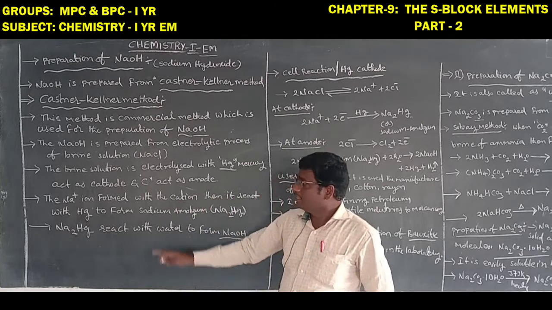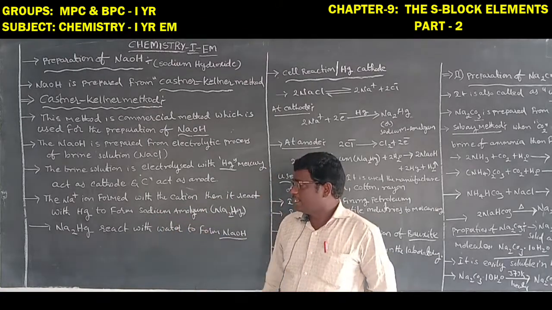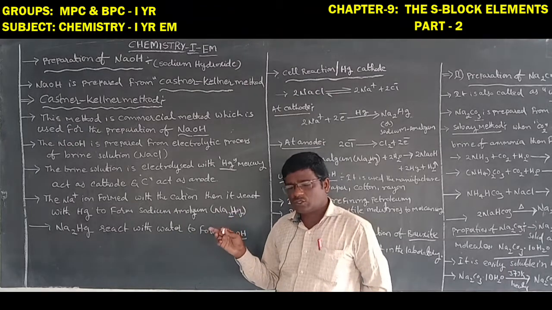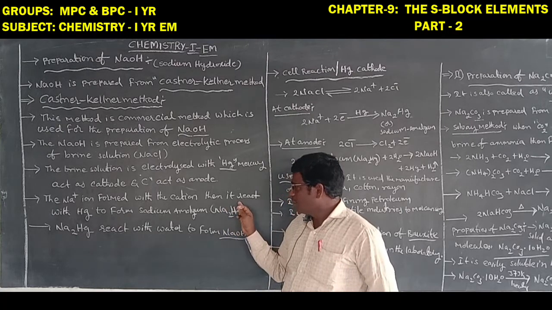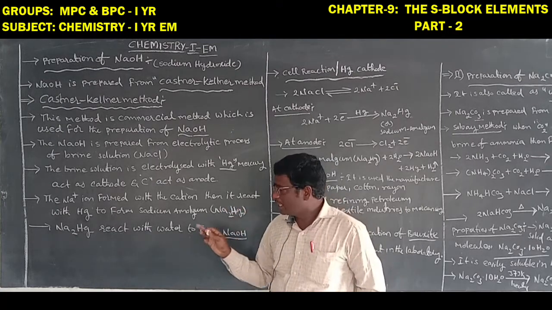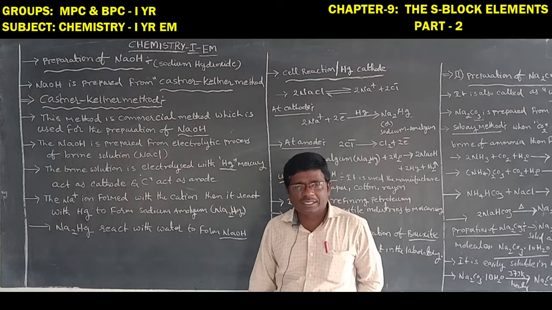Next, in this process, the sodium cation Na+ is formed. When it reacts with mercury, Hg, it forms sodium amalgam, Na2Hg. At the mercury cathode, mercury reacts with sodium to form sodium amalgam.